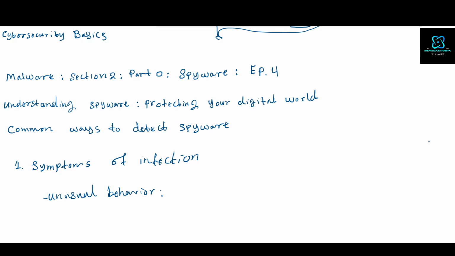When it comes to the symptoms of infection, we talked about them in the first section, in the malware world. There are a lot of symptoms, and regardless of which kind of malware we are talking about, your device may show them.